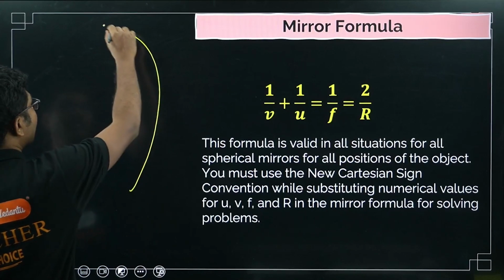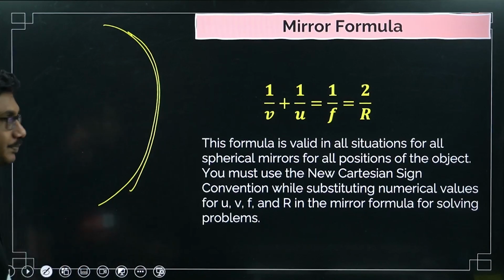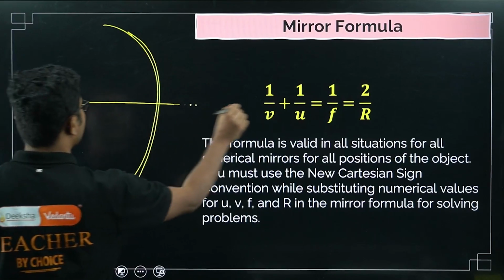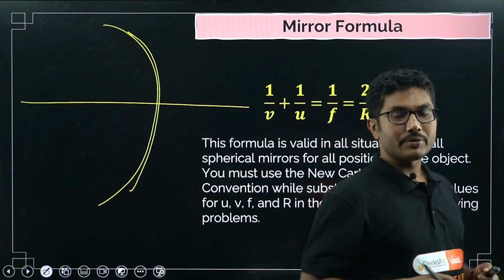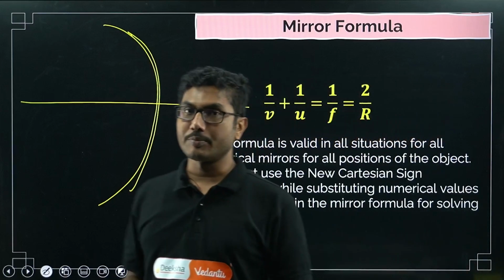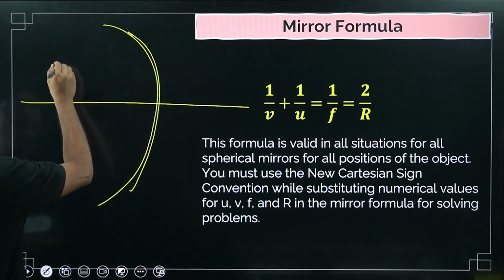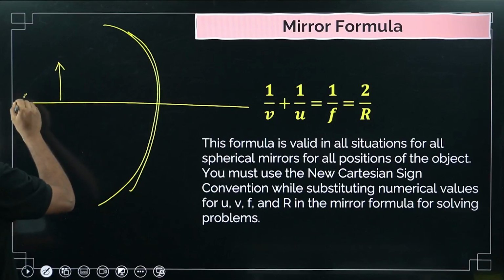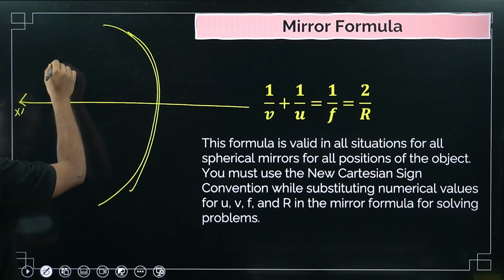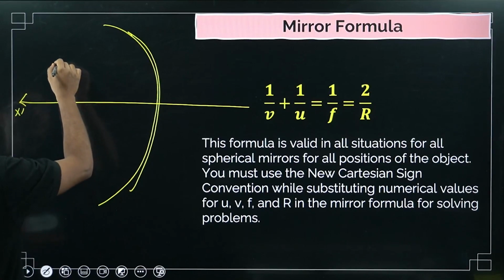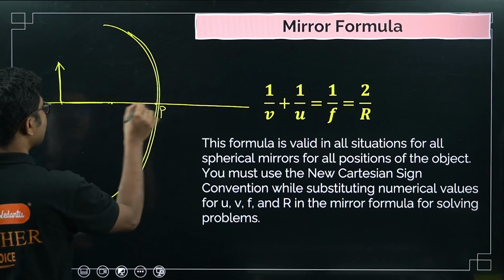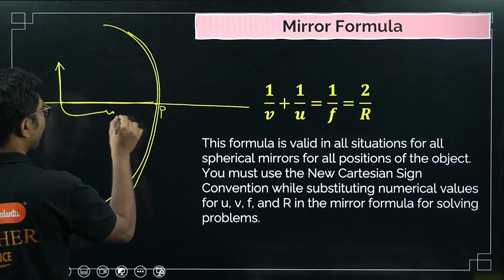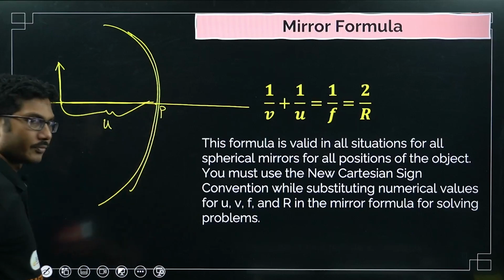First of all, we are considering a concave mirror. Whenever we draw a ray diagram or start solving problems, our object always lies on this side, that is along the negative x-axis, right? This is our negative x-axis. The distance between the object and the pole is called u.